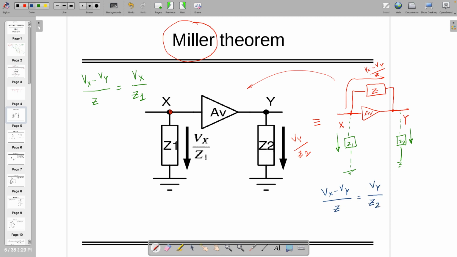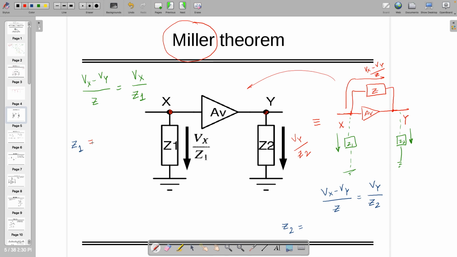So can you tell me what should be the value of Z1 and Z2? Can you find out Z1 and Z2 and give it to me? Values of Z1 and Z2. Sir, gain is negative.